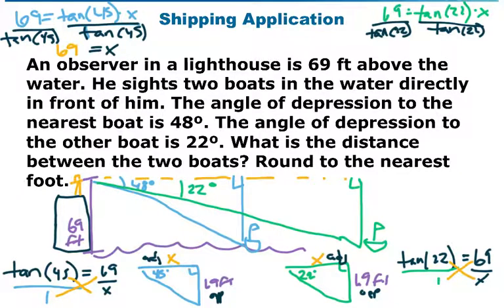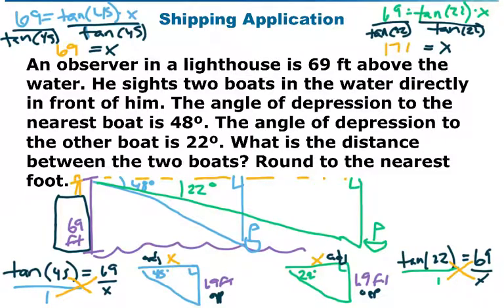So 69 divided by tangent of 22 in degree mode leaves us with an x of 170.78. It says round to the nearest foot, so we may as well just round that to 171.